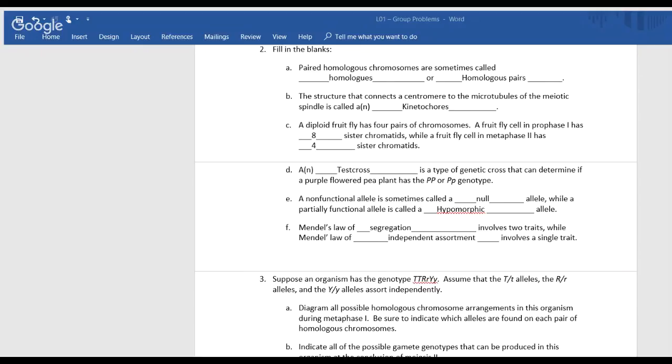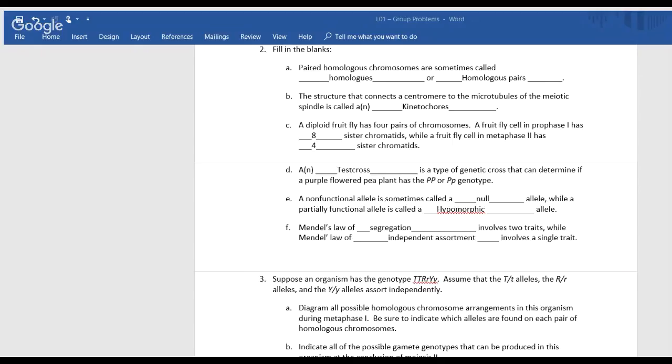In order to figure out which one of these is the parent, you're going to take a little pp, and that'll allow you to determine through the gametes which one is the correct parent. And that's the test cross.